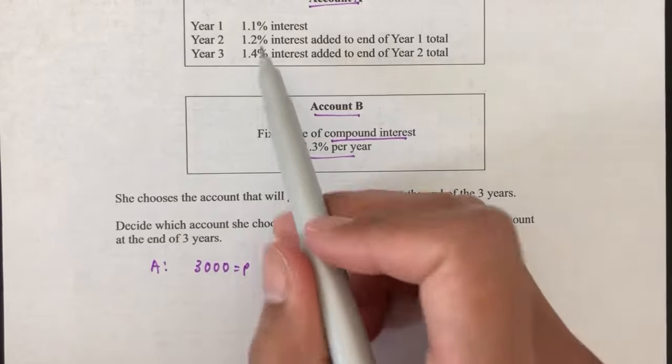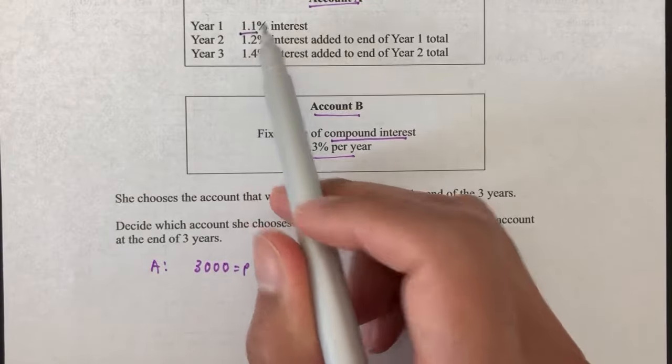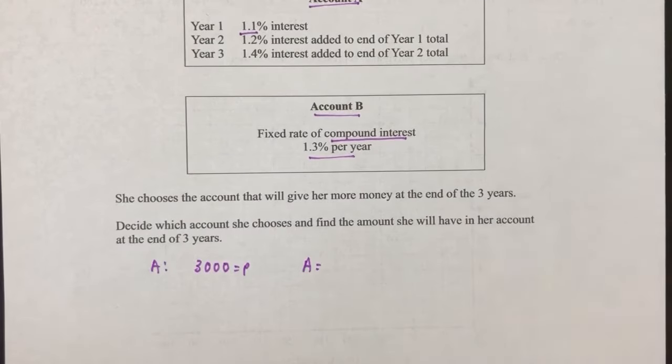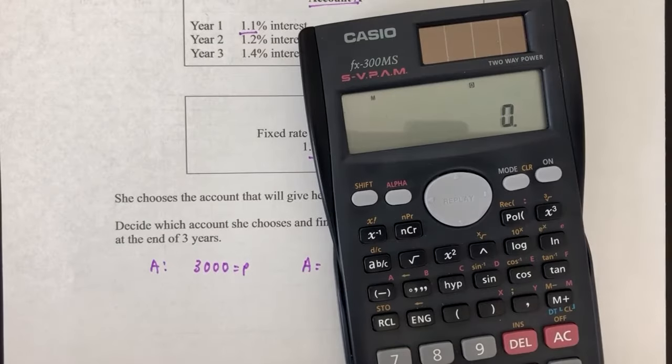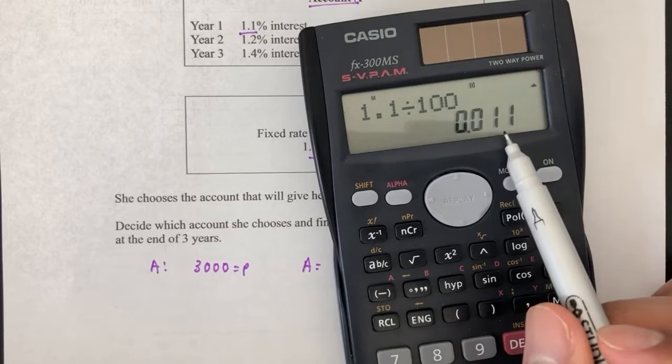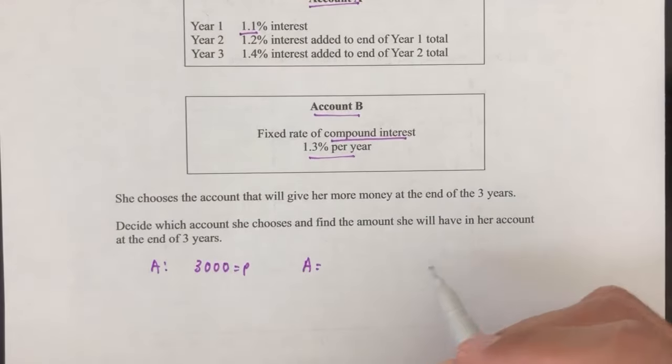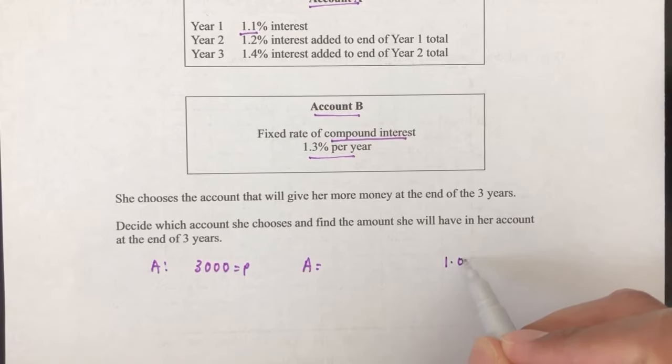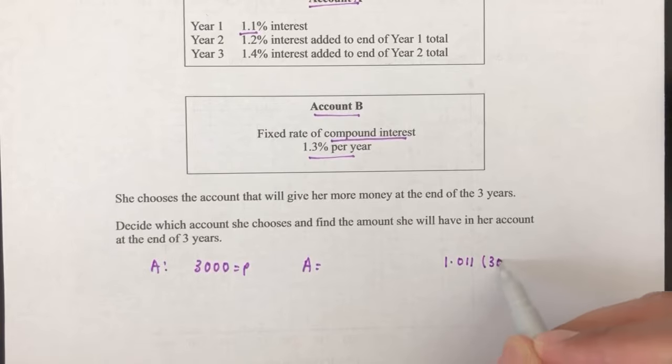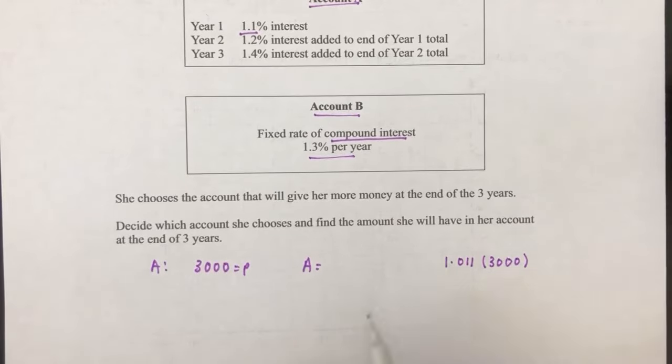The first time they will add 1.1% interest. So what is 1.1%? 1.1 divided by 100, that is 0.011. So at the end of the year she will have 1.011 times 3,000. That's for the first year.